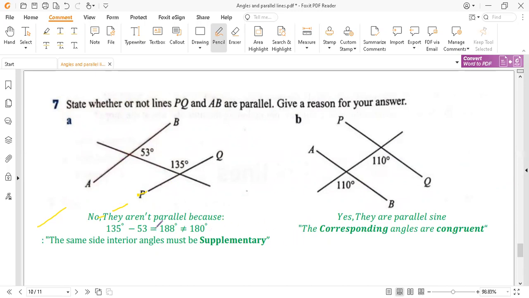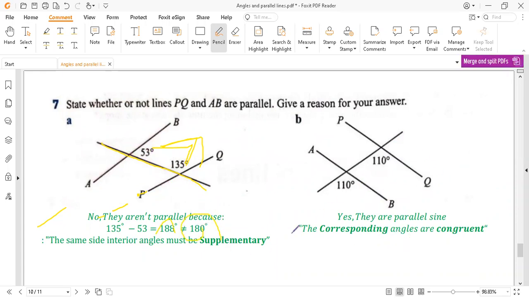Another reason: we have here an interior angles situation, from the same side of the transversal, so they should have a sum equal to 180. But if you add 135 to 53, we obtain 188 degrees, which is different from 180 degrees.